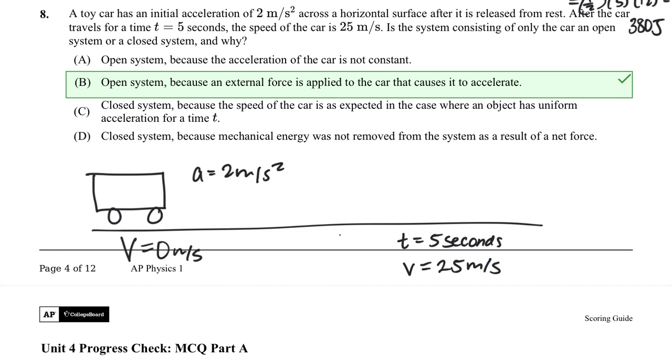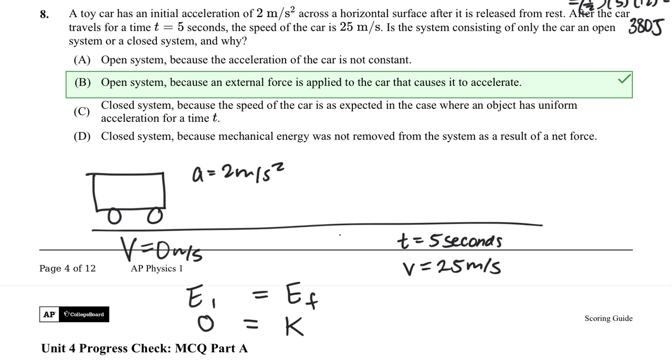So the ways that I could figure this out. I could use my conservation of energy equation. E initial equals E final. So I can figure out what are my energies in the beginning. In the beginning, there's not really potential energy because it's on the ground. There's not really kinetic energy because it's not moving at all. So I can say initial energy is 0. Final energy, it's moving, so there's kinetic energy.